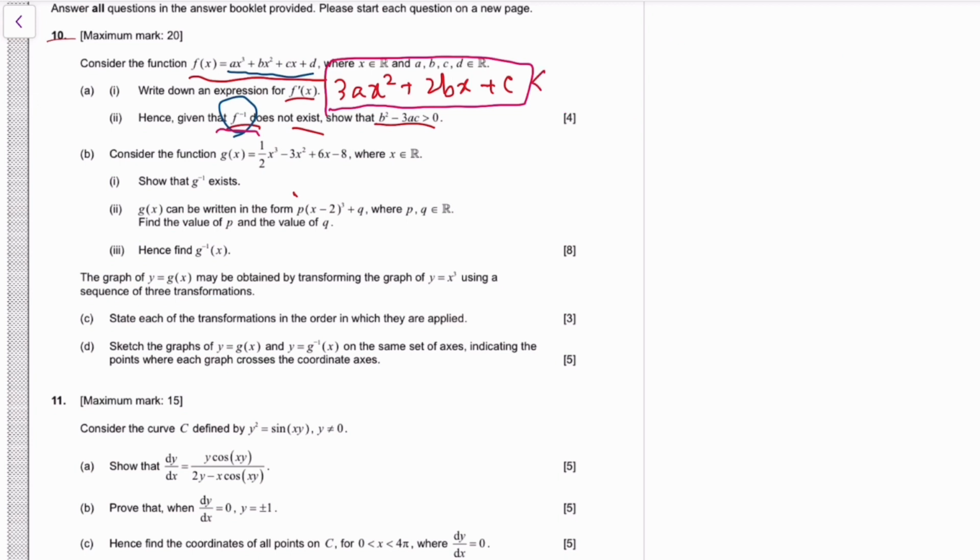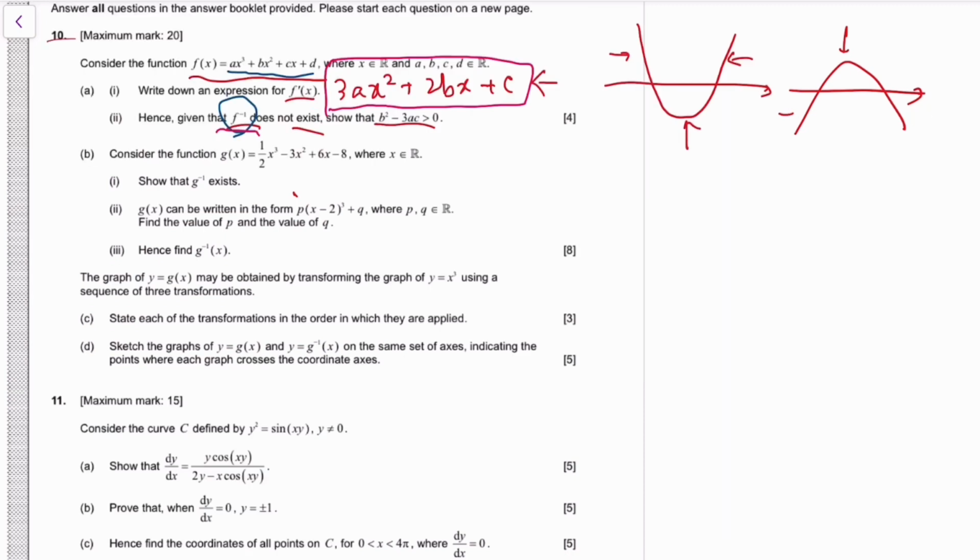And the derivative itself is a quadratic. So when is a quadratic sometimes positive, sometimes negative? It looks something like this, either this one or that one. Because when it's above the x-axis it's positive, and when it's below it's negative.